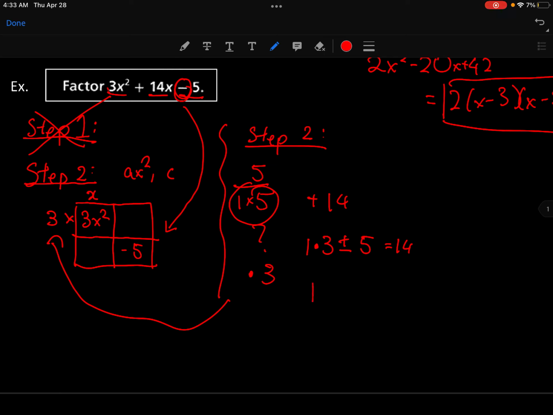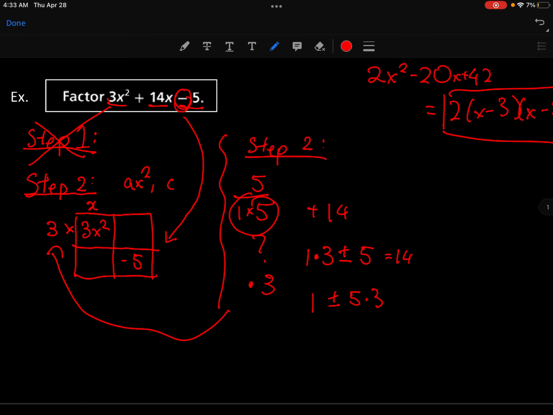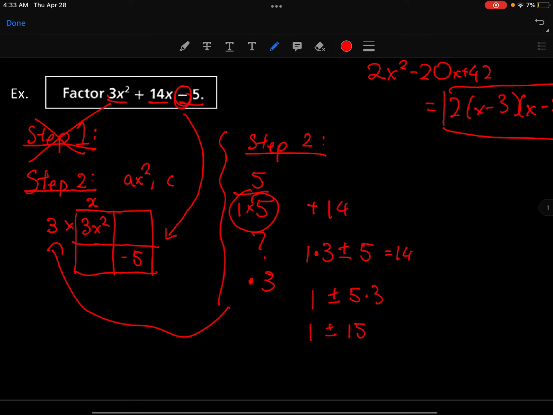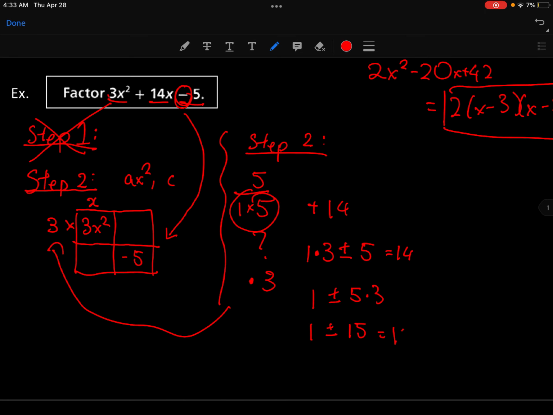How about 1 plus minus 5 times 3. Is it possible to get 14 here? Well, this is the same thing as 1 plus minus 15. And the answer is yes. We can do 15 minus 1 to get 14.